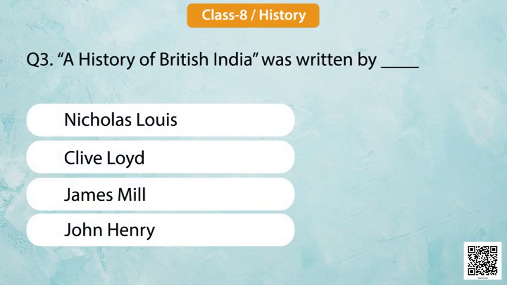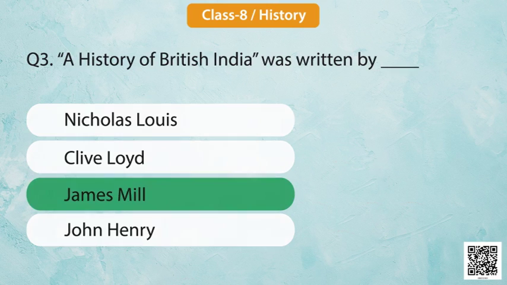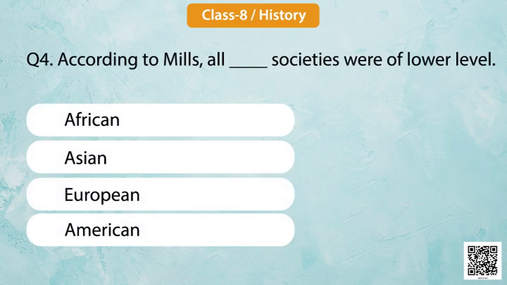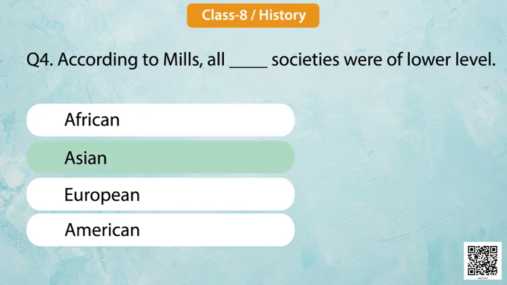A History of British India was written by Nicholas Louis, Clive Lloyd, James Mill, or John Henry? A History of British India was written by James Mill. According to Mill, all Asian societies were of lower levels.